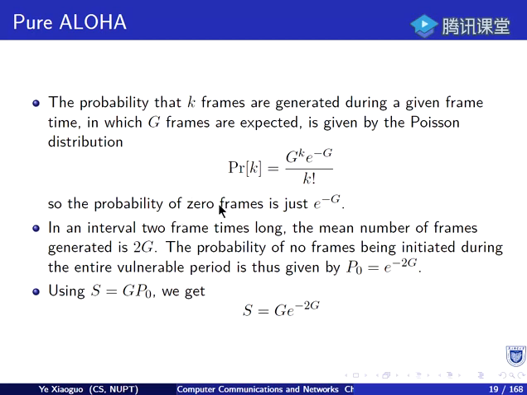How can we get P0? P0 means the probability of zero frames.